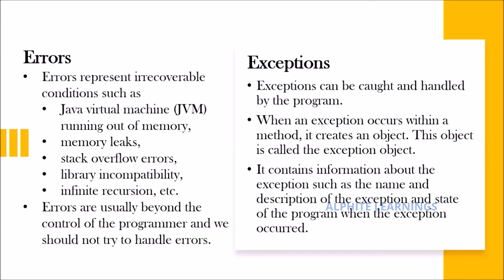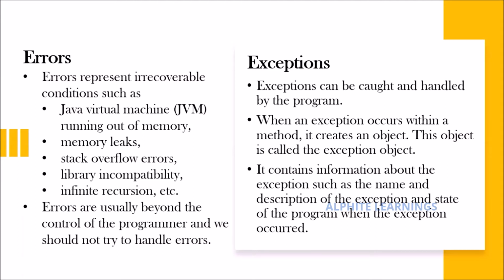Okay, an infinite loop will be running. If that happens in your system, you have to restart your Eclipse, or sometimes you have to open the taskbar and kill the running Java JVM. Okay, so these things come under error.